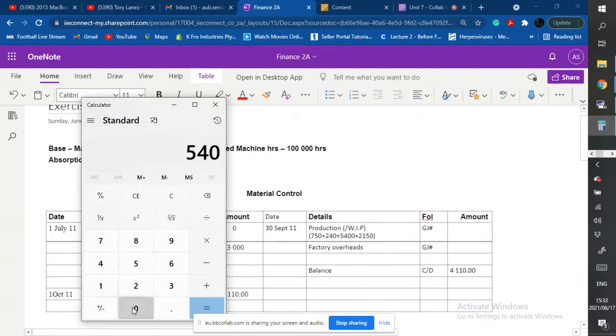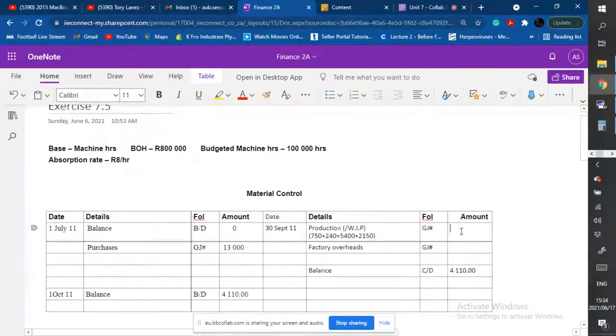So 5,400 plus 2,150 plus 240 plus 750. So that's how much we are going to put under the production for materials control. 8,500. Can you see that column is materials cost? So that's all we're interested in over there.